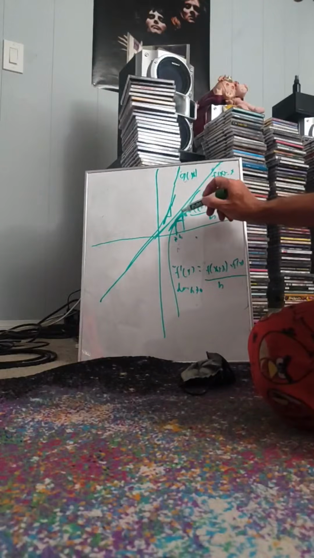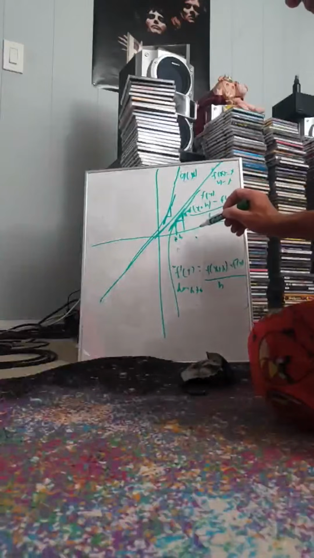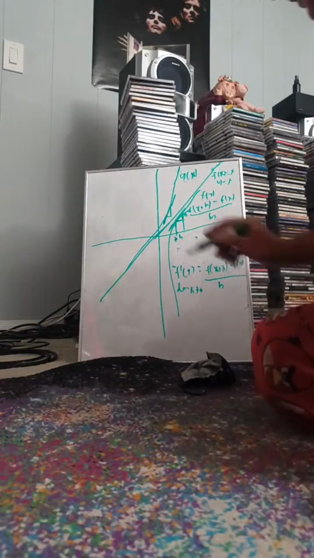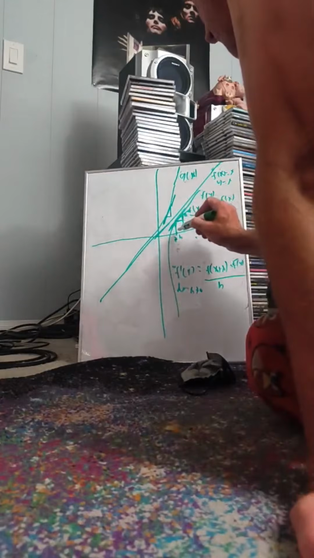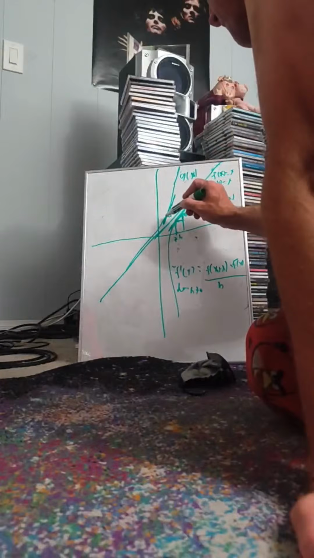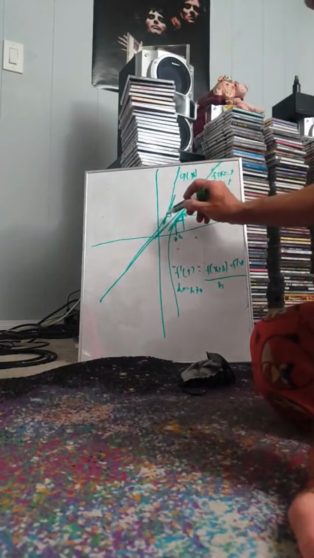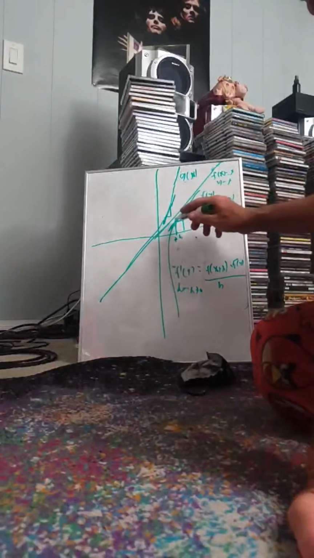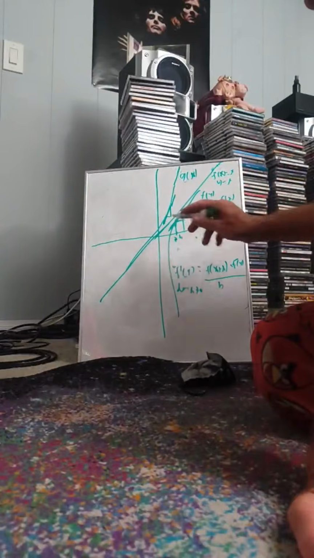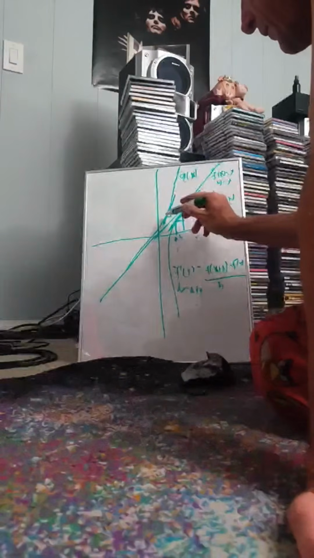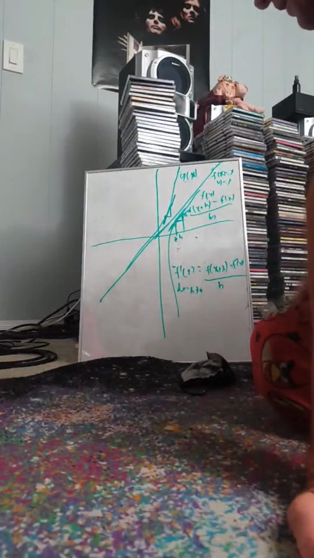So therefore, the derivative here, the slope of this line, is 1 over the derivative of this line at this point. I just have to show where that point is and relate it to this one.